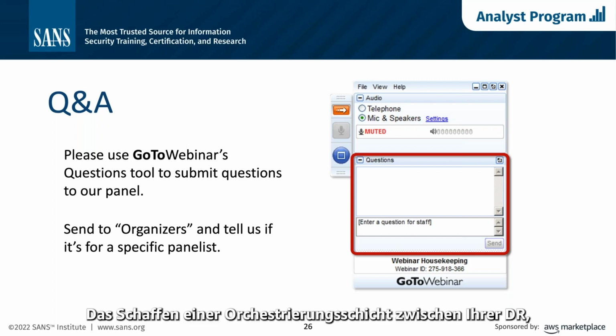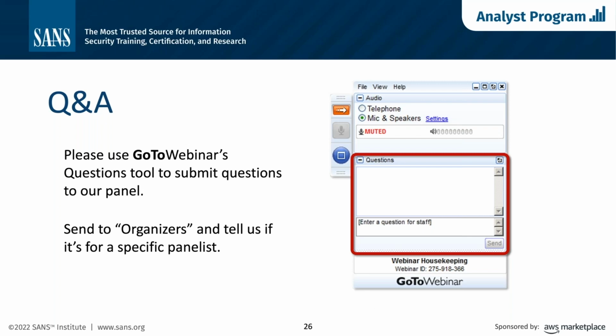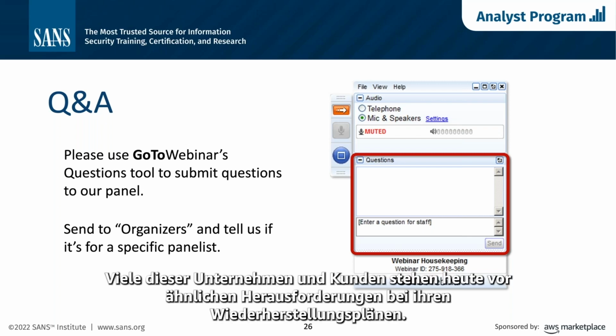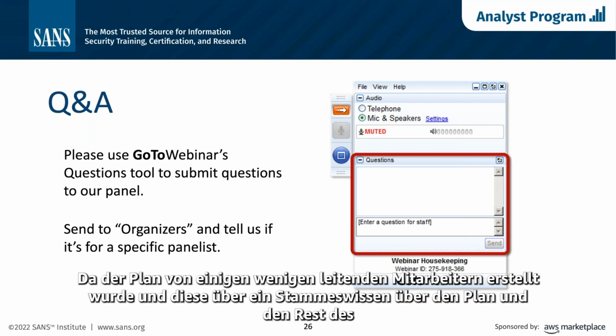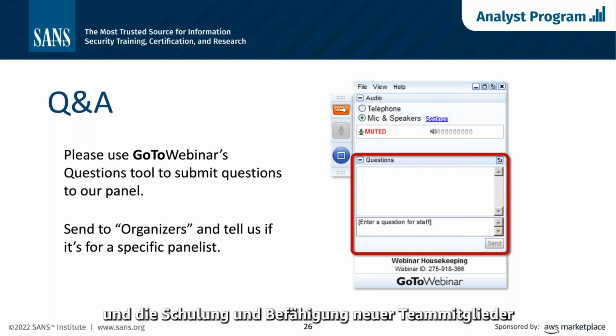Creating an orchestration layer between your DR and your EDR and NDR can become very beneficial for you. Many customers today face similar challenges with their recovery plans, because the plan was created by a few senior folks who have tribal knowledge of it, and the rest of the team doesn't really know how to execute that failover plan.